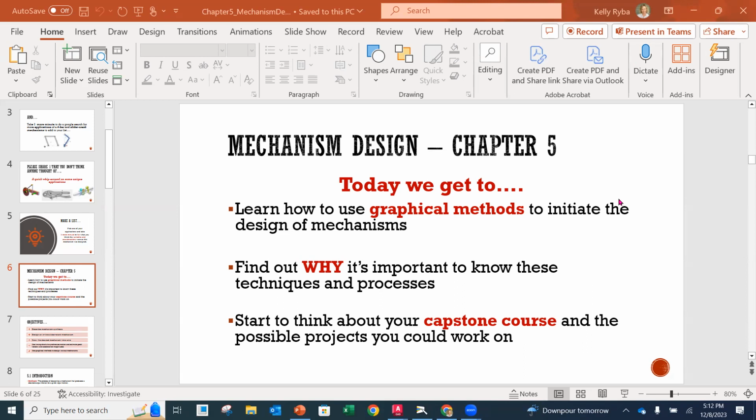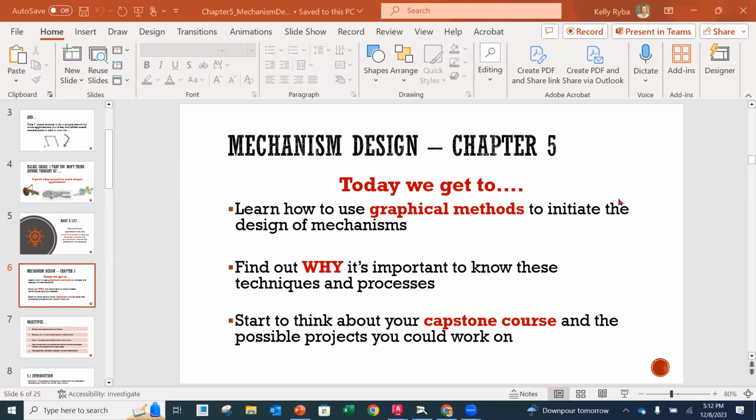You'll start at that end product and go backwards to figure out the length of the crank, the length of the connecting rod, and that kind of thing. You'll lay it out graphically to get it designed, going in the opposite direction from what we have been used to.